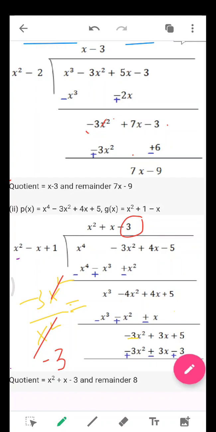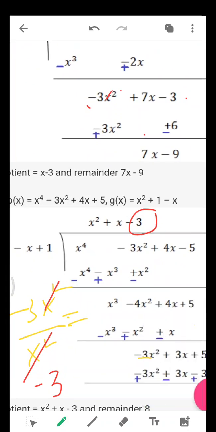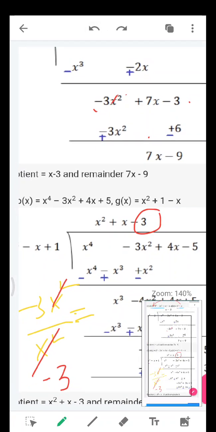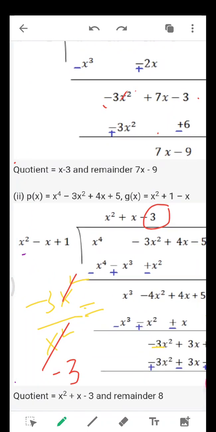Now multiplying all these terms with minus 3, the last term.